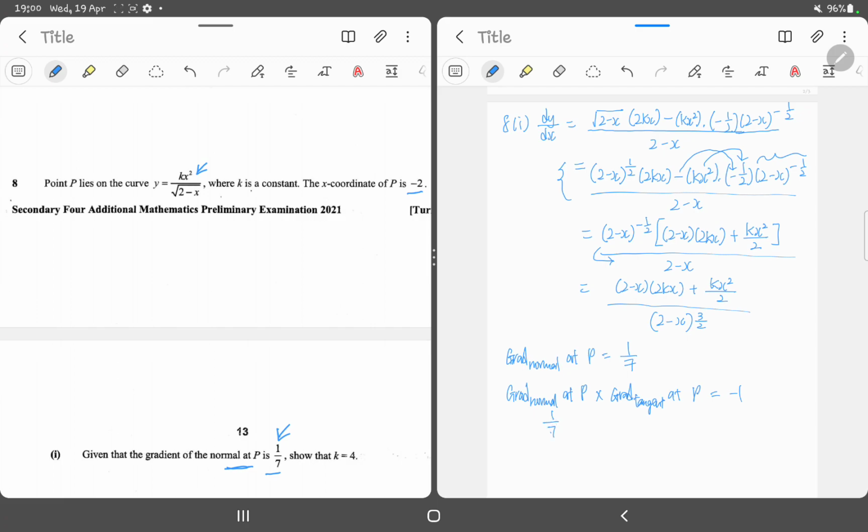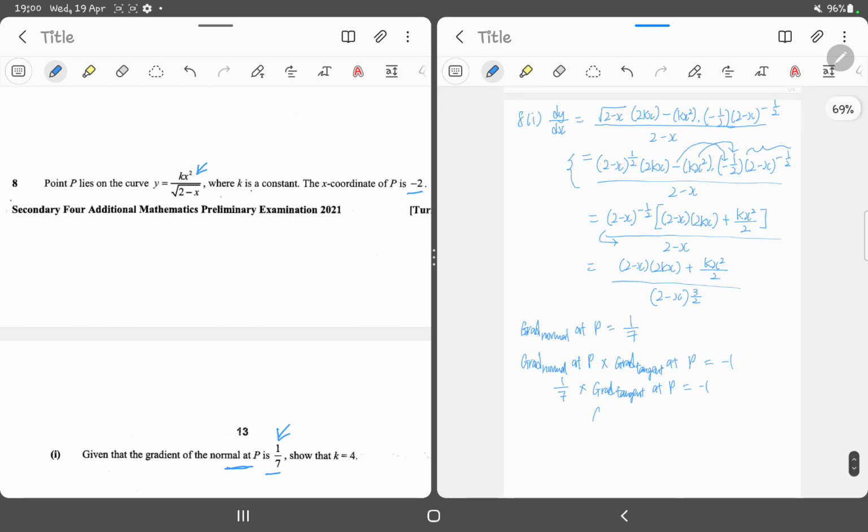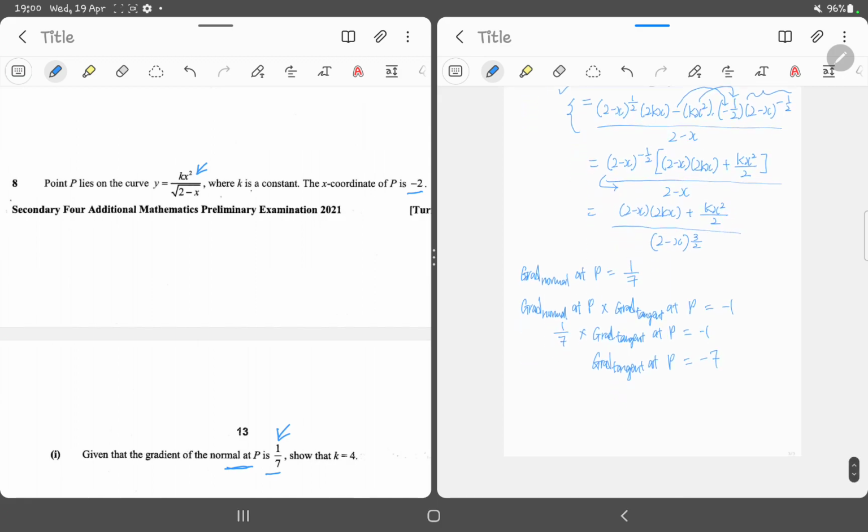So this is 1 over 7 times gradient of tangent at P equals minus 1, which means that the gradient of tangent, which is what dy dx is measuring, at P equals minus 7.